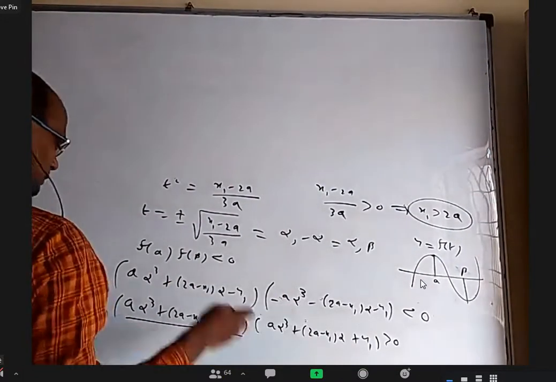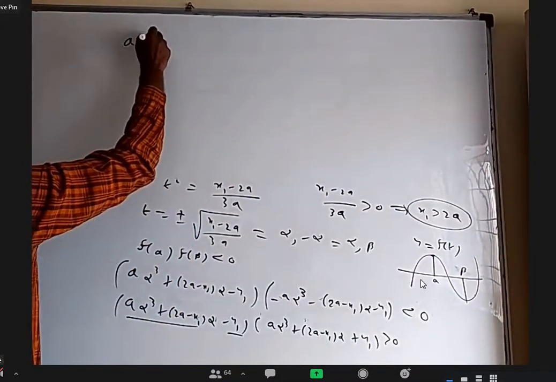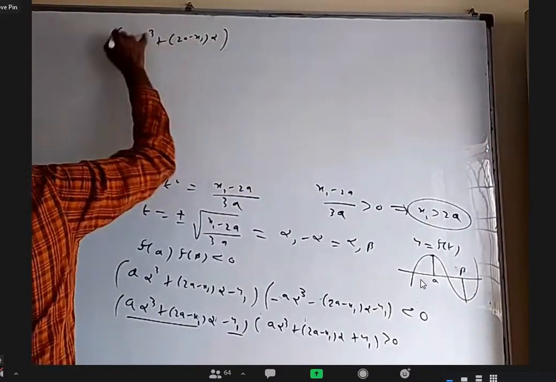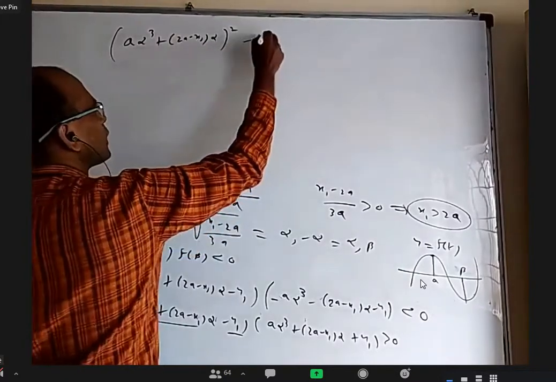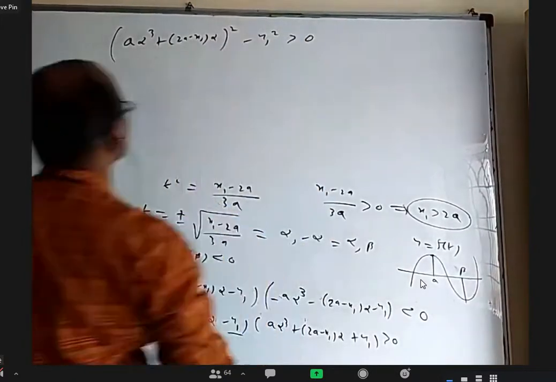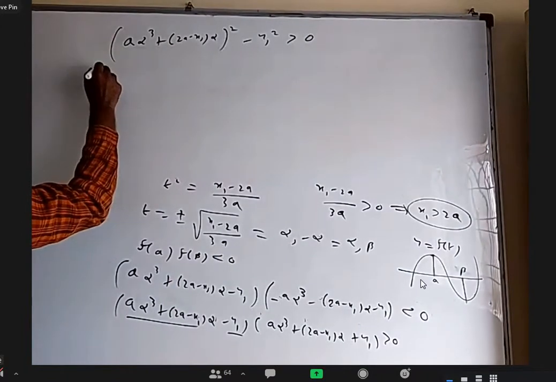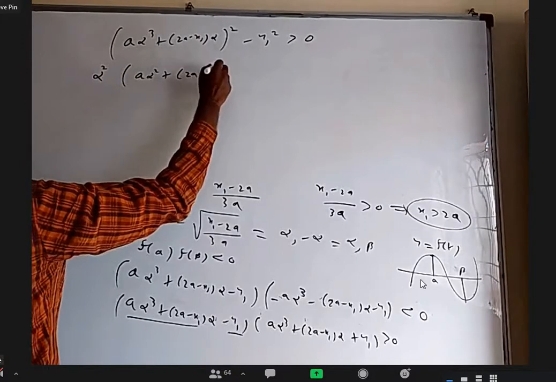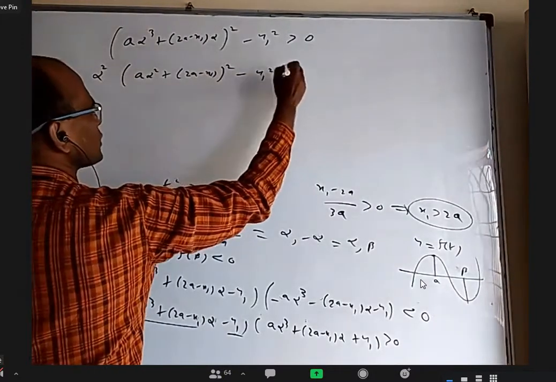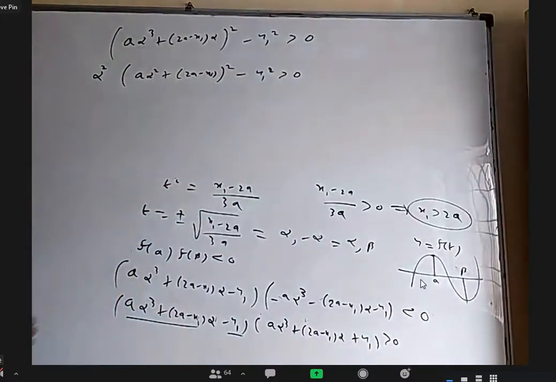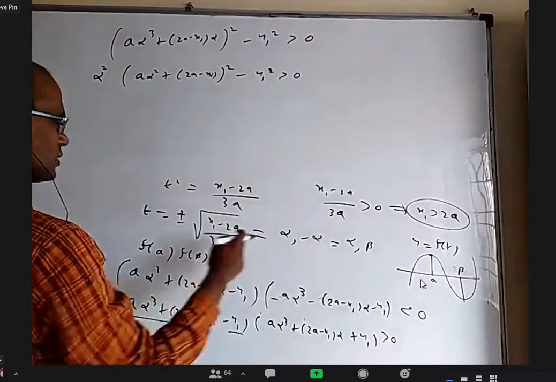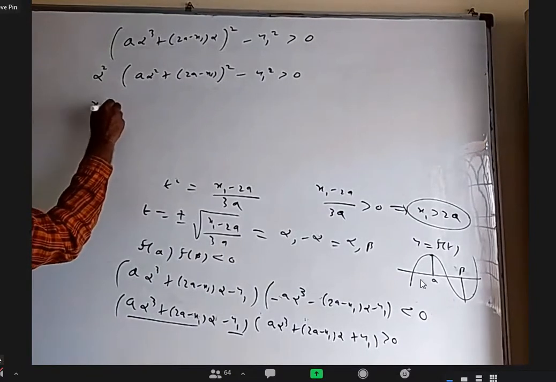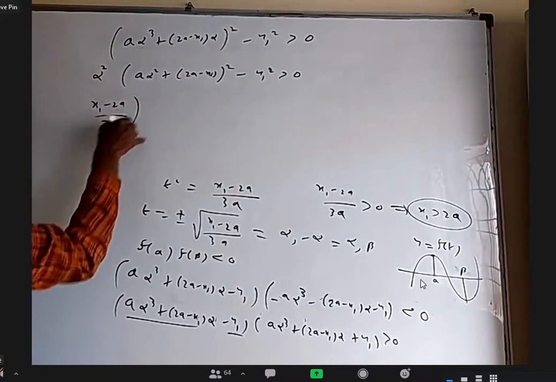Okay, a minus b into a plus b, a square minus b square. So a alpha cube plus 2a minus x1 into alpha, whole square, minus y1 square, greater than 0. Here I can take alpha common, it will become alpha square. Here a alpha square plus 2a minus x1 whole square minus y1 square greater than 0. Now in the place of alpha, what is this? Root of x1 minus 2a by 3a. So alpha square is x1 minus 2a by 3a.